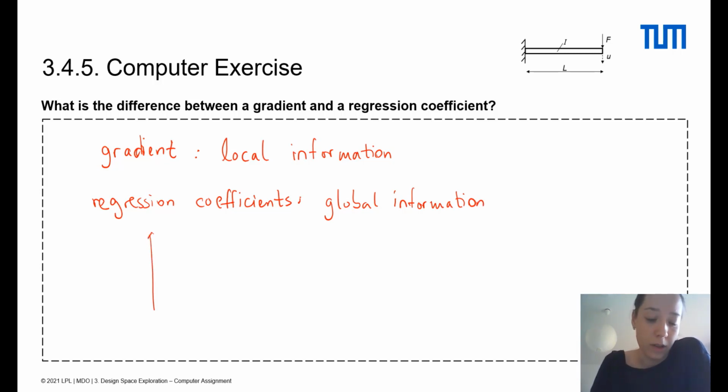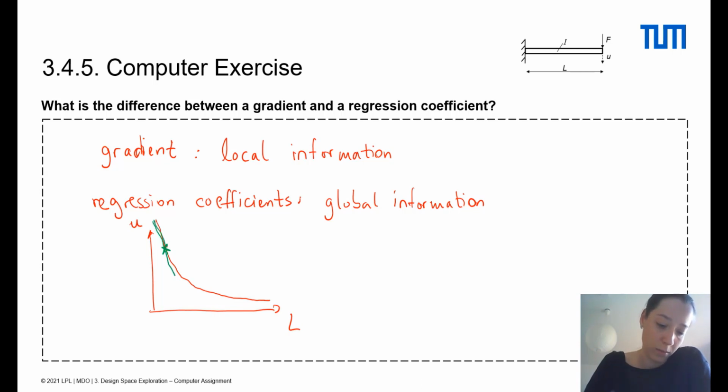So if we just use a very simple plot of the cantilever beam again, it will look something like this. So displacement over length. If we want to compute a gradient, let's do the gradient in green. We can compute the gradient at this point, and it's some kind of line. Or we can compute a gradient at that point.